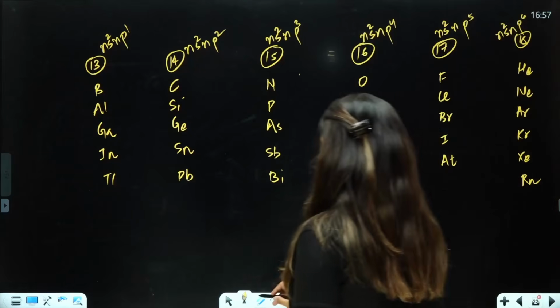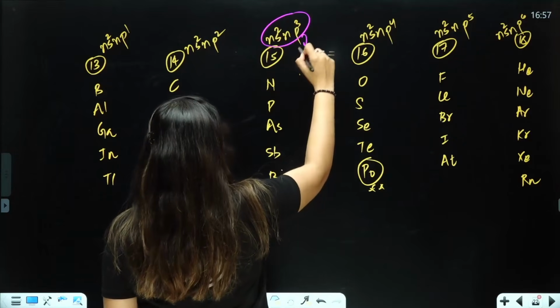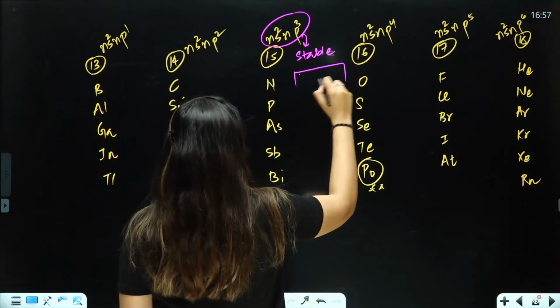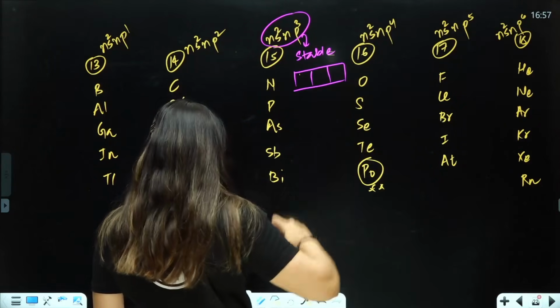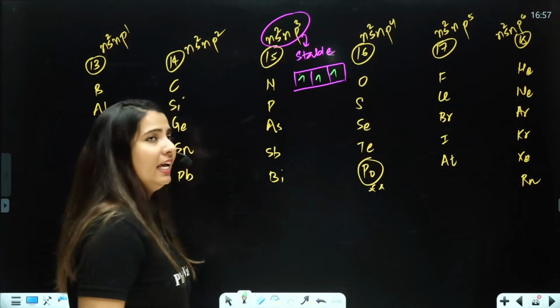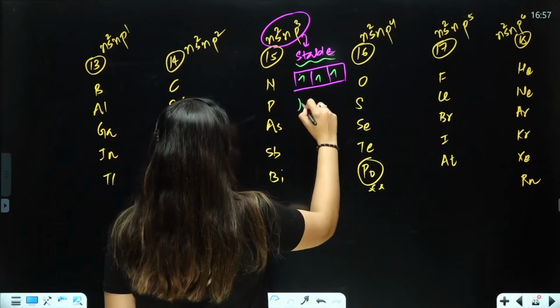This respective group is considered as a stable one, because the p subshell is exactly half-filled. Exactly half-filled electronic configuration gives it the stability.